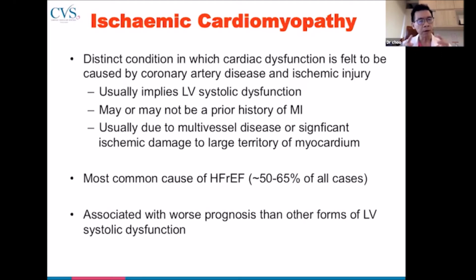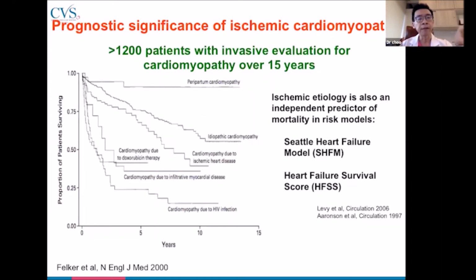This is often seen in patients with not simple coronary artery disease, but multivessel disease, or significant loss of myocardium from a myocardial infarction. If you look at the different kinds of cardiomyopathy or causes of heart failure, maybe the best prognosis is peripartum cardiomyopathy, whereby the pregnant mother gets better once you deliver the baby.